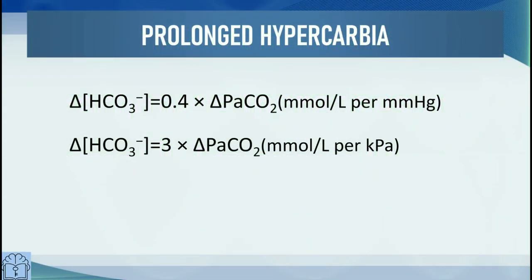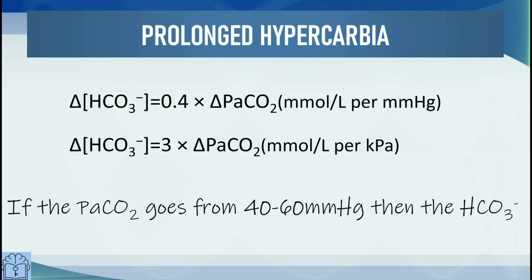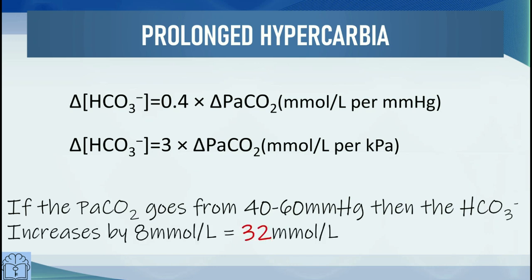The calculation is the change in the bicarbonate is 0.4 times the change in the PaCO2 in millimoles per millimeter of mercury, or 3 times the PaCO2 change in millimoles per liter per kPa. So if the PaCO2 goes from 40 to 60, or 5.3 to 8 kilopascals, then the bicarbonate moves in significantly greater increments. It increases by 8 millimoles per liter to 32 millimoles per liter.